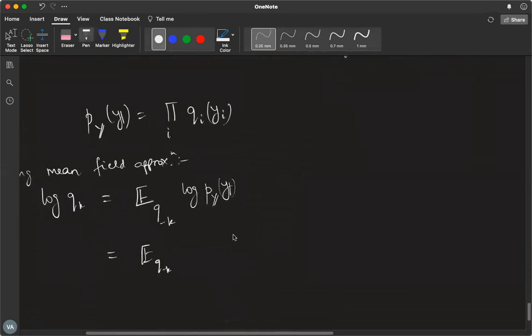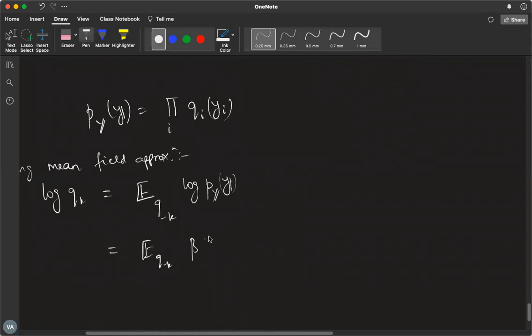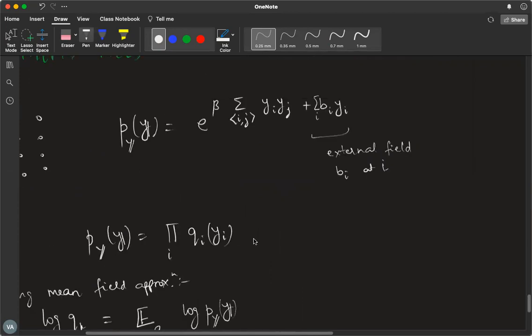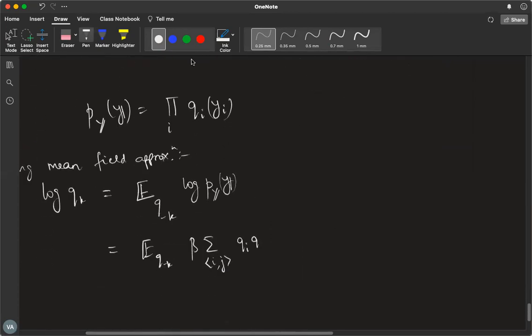So it's simply beta times the summation over all the neighbors i comma j, of yi yj. I'm sorry, this is not the distribution but the value of the random variable, yi yj, plus some bi yi, summation over all i, right?